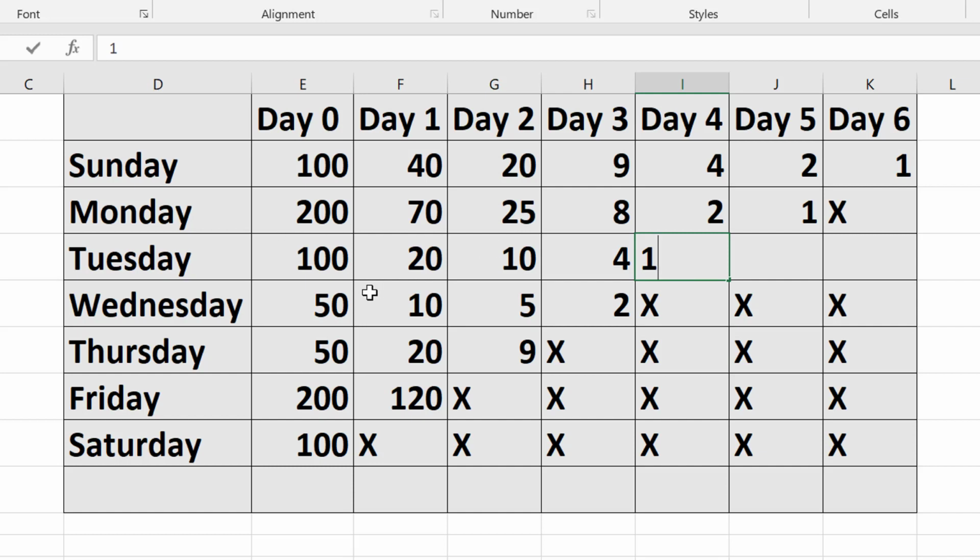So 100 people came on Tuesday. On day 1 this number went down to 20, which is Wednesday, Thursday 10, Friday 4, and Saturday it is 1. And again I'm gonna put an X over here. Why? Because this is Sunday of the next week, and this is gonna be Monday of the next week.